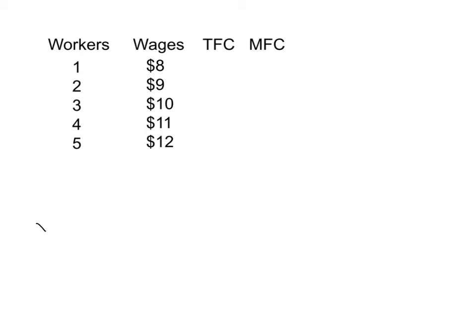That is, we assume that there is no wage discrimination, similar to what we saw in the product market, that there was no price discrimination with a monopoly. So because there is no wage discrimination, the firm cannot simply hire the second worker for $9. They have to pay two workers $9 apiece. That has an interesting impact on the cost of hiring the second worker.